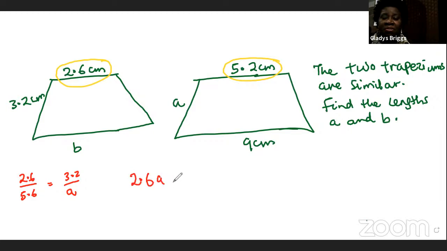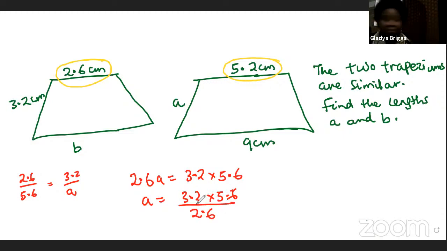2.6A would be equal to 3.2 times 5.6. And A would be equal to 3.2 times 5.6 over 2.6. Yeah. 6.89 or 6.9.